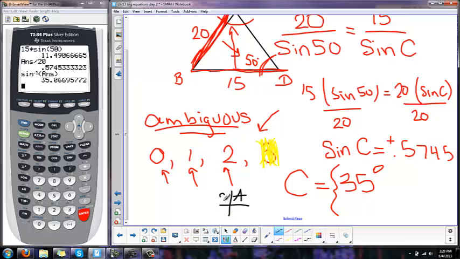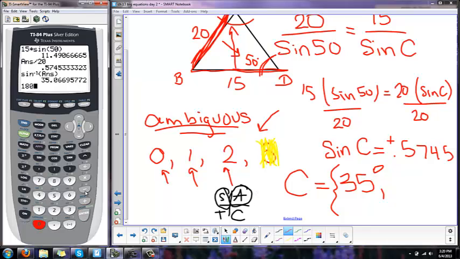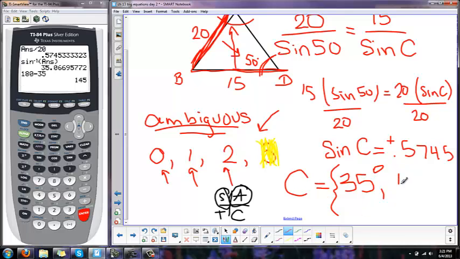Sine is positive in the first quadrant and in the second quadrant. So we don't only have an answer in the first quadrant, we actually have an answer in the second quadrant as well. So that's 180 minus 35. Hit enter, and that's 145 degrees. Okay?